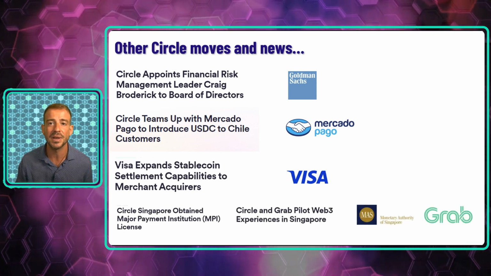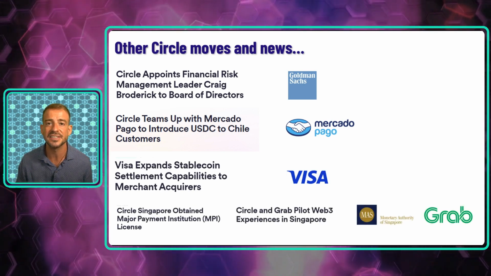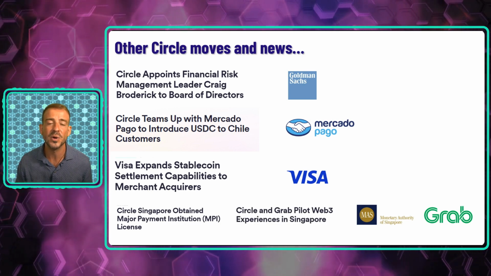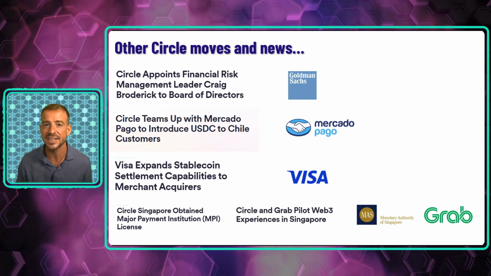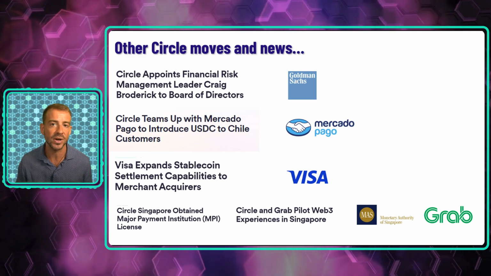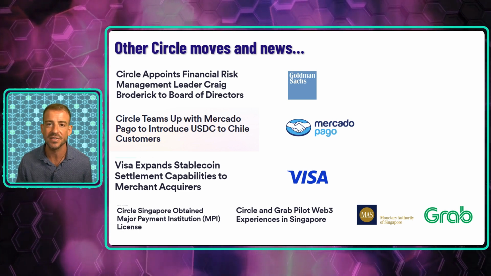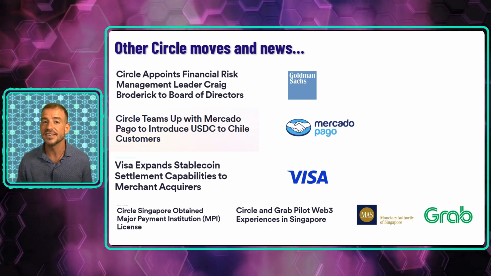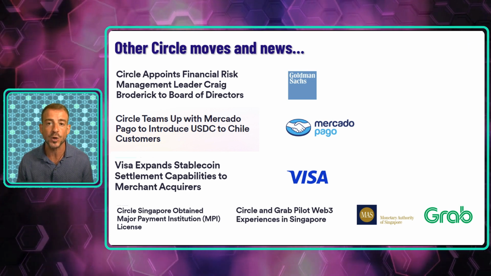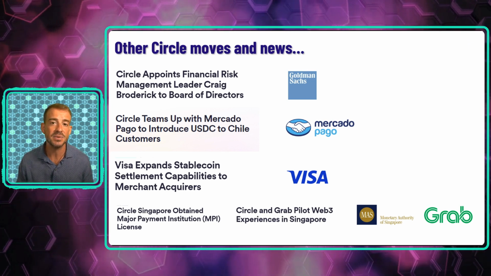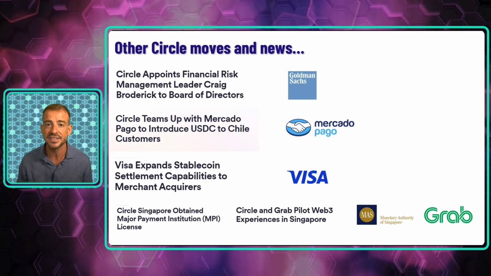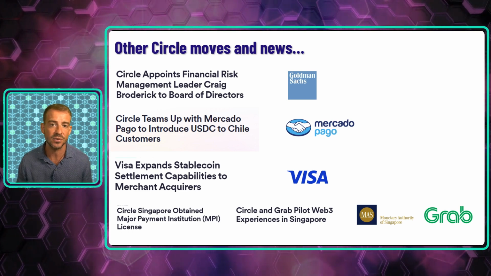Circle has also applied for a major license in Singapore, and although it doesn't affect the USDC token specifically at this point, has begun exploring opportunities with the Uber of Southeast Asia, Grab. All of these announcements bode favorably, in my view, for Circle's push to continue being seen as a respectable business with a global presence and reach.